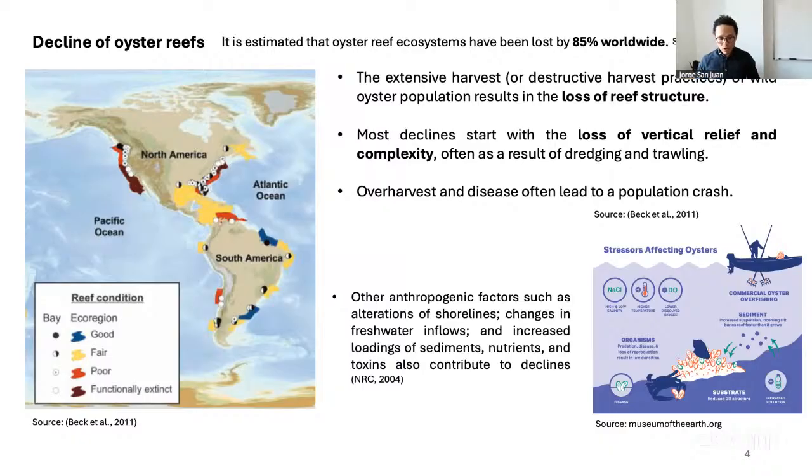Because of the ecological services they provide, here particularly in North Carolina, people want to restore these habitats and find ways to conserve them.